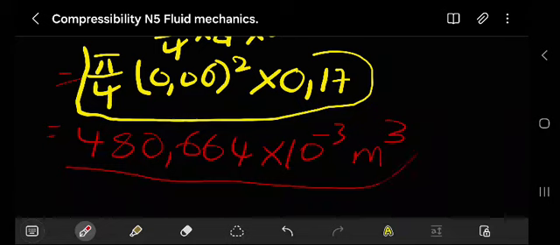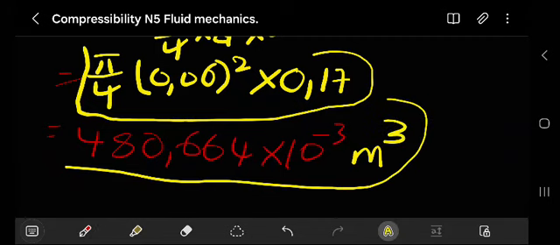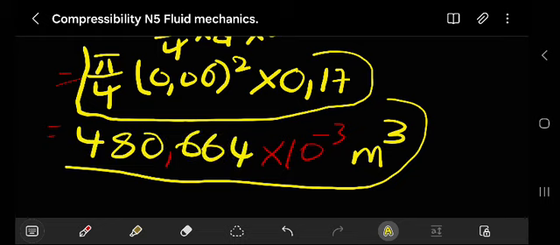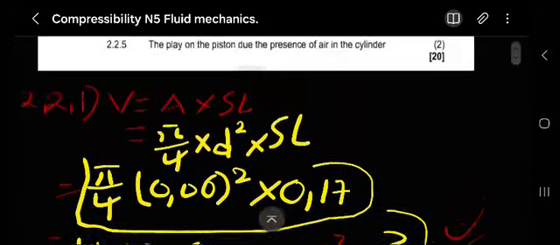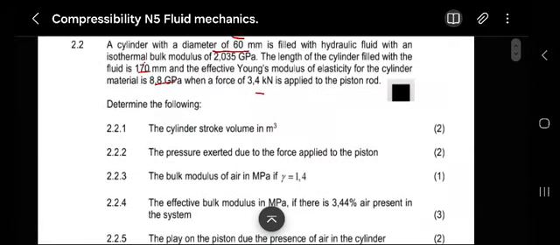This is a volume, it must be in cubic meter, it's SI units. So 480,664 times 10 to the minus 3 cubic meter. Then this is your volume. You get 2 marks there, with your 2 marks.